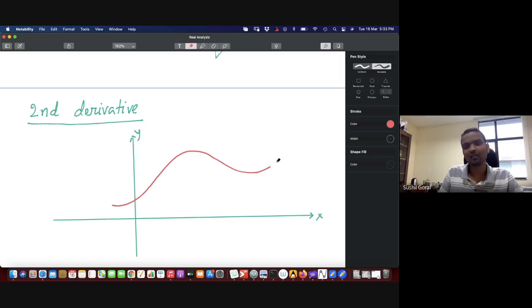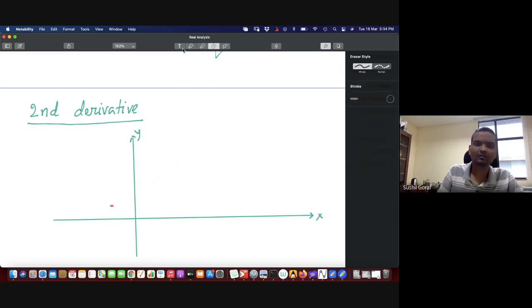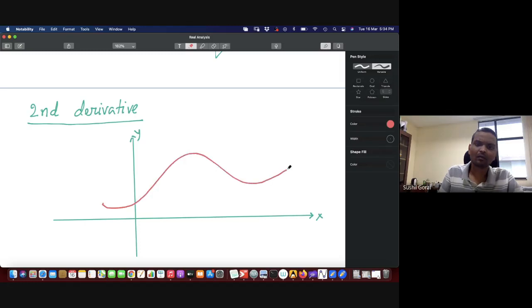This is the graph of f(x). Corresponding to x, you have f(x).